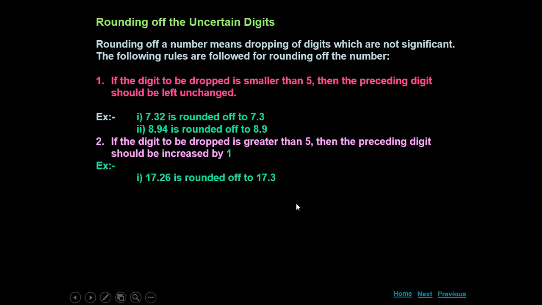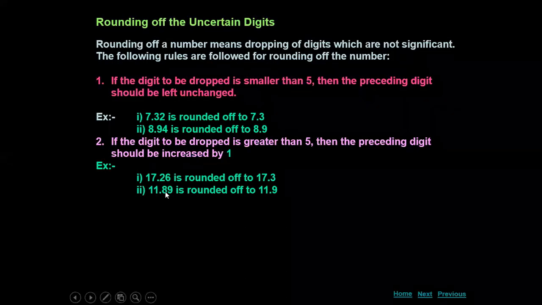One more example. 11.89 is there. If you want to drop this 9, what happens? When we drop this 9, 8 has to be increased by 1, right? So then 11.9.